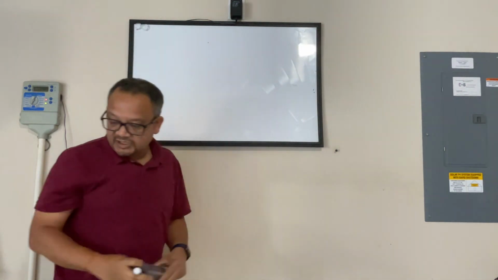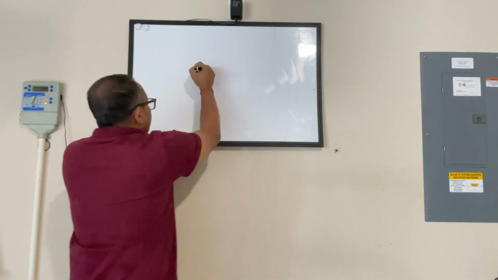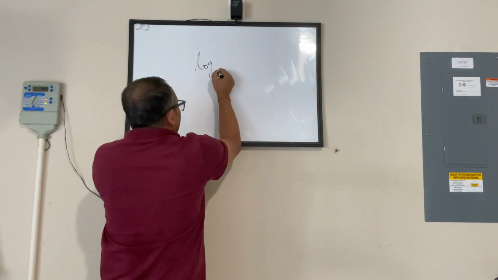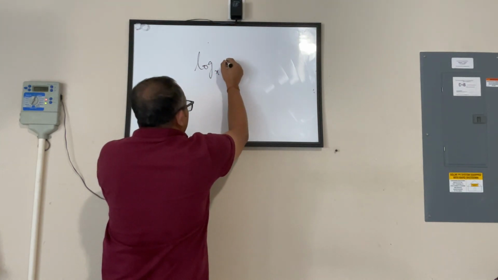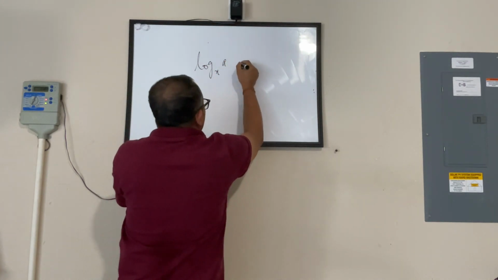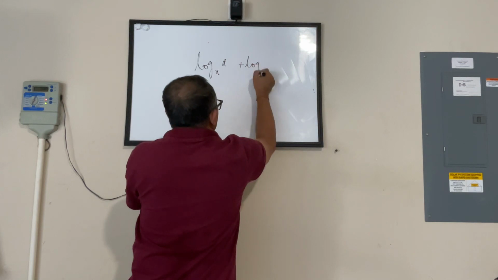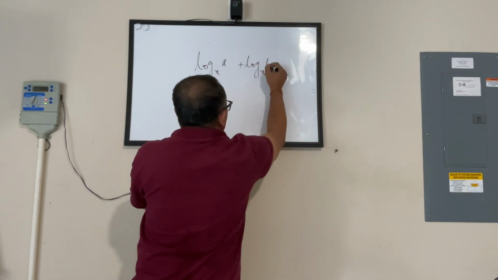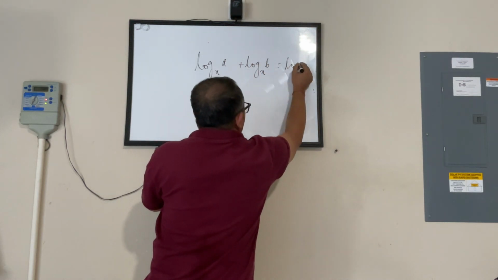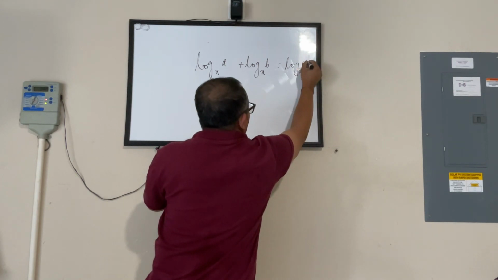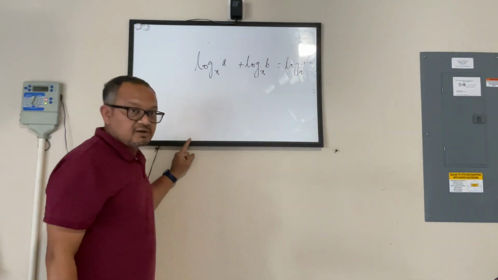So, simple thing is, there are three formulas that we need to be aware of. Let's say log x a plus log x b equals log x of a into b. This is one.